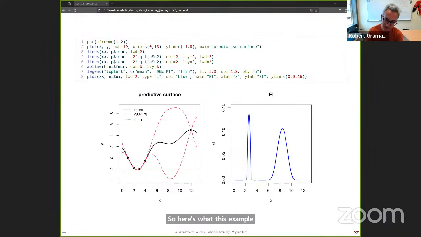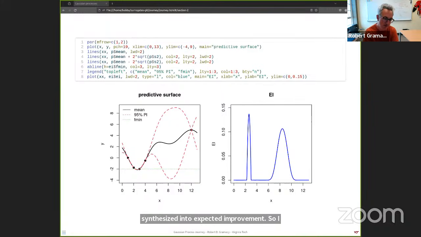I've got my 5 black dots, which are my training data, my Gaussian process prediction in black, and its uncertainty through error bars in dashed red. The best value I have so far, my F-min, is indicated by that horizontal green dashed line. And on the right, those 3 pieces of information are synthesized into expected improvement.